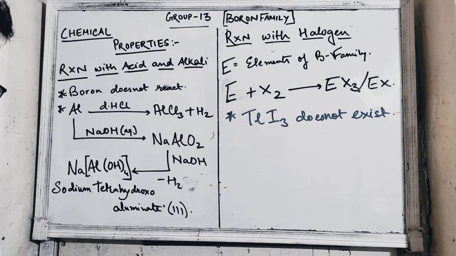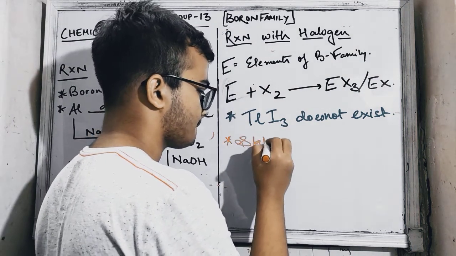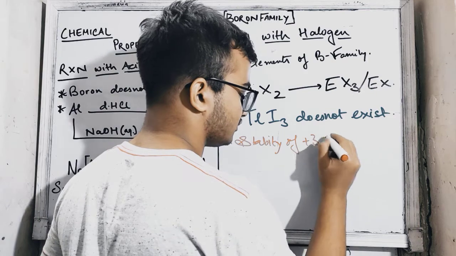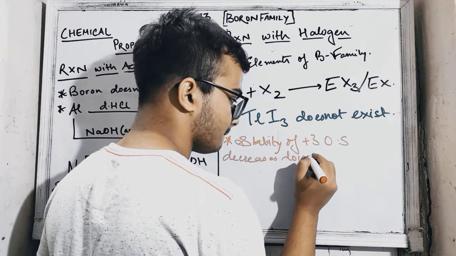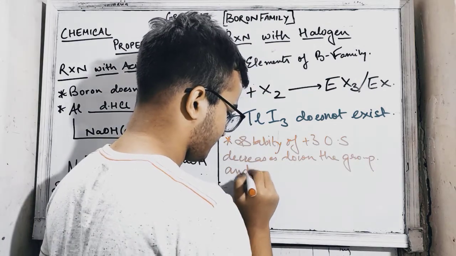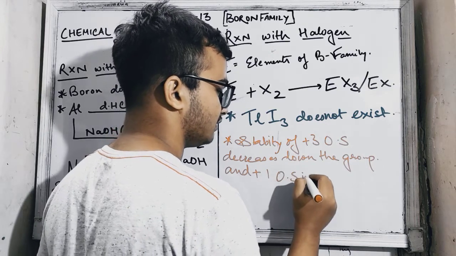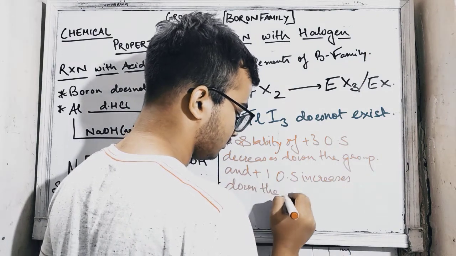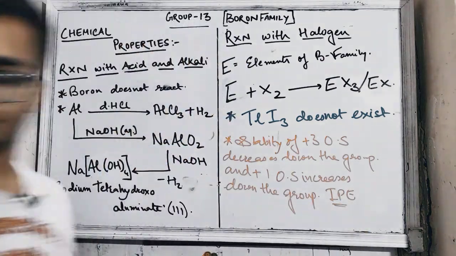You have to remember a particular thing, again: the stability of +3 oxidation state decreases down the group, and +1 oxidation state increases down the group. Again, this is due to IPE, which is the inert pair effect. So you copy up to this much.